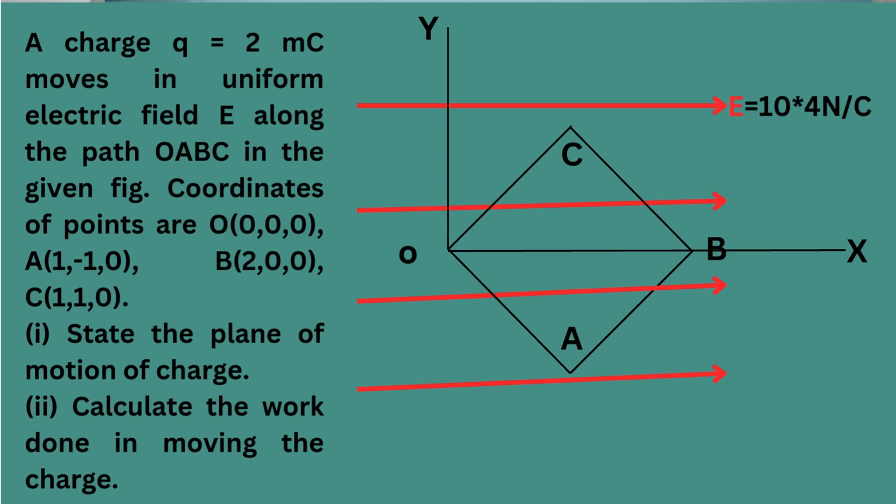The uniform electric field is directed along the positive x-axis, with a value of 10 to the power 4 Newton per Coulomb. First part: state the plane of motion of the charge. Second part: calculate the work done in moving the charge.